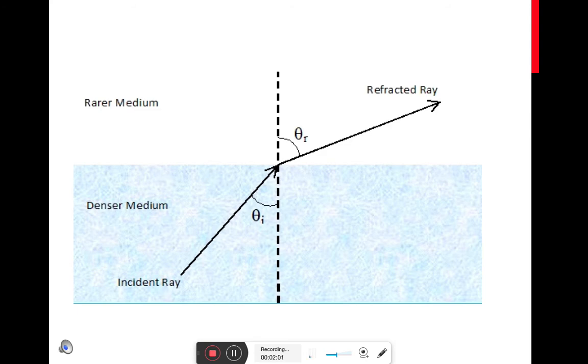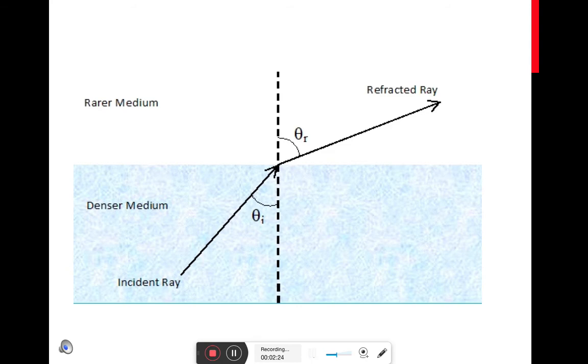The angles are defined with respect to the normal. You can see the dashed line, which is called the normal. The angle between the incident ray and the normal is called the angle of incidence, and the angle between the normal and the refracted ray is called the angle of refraction.